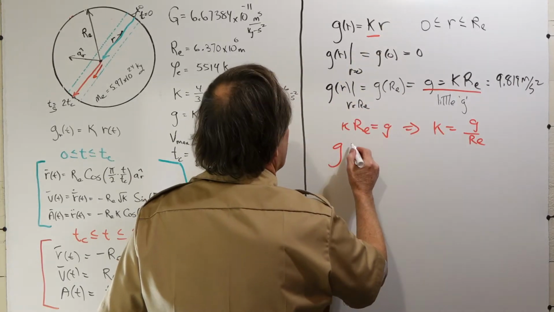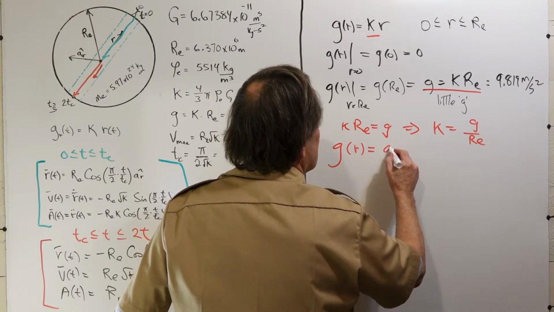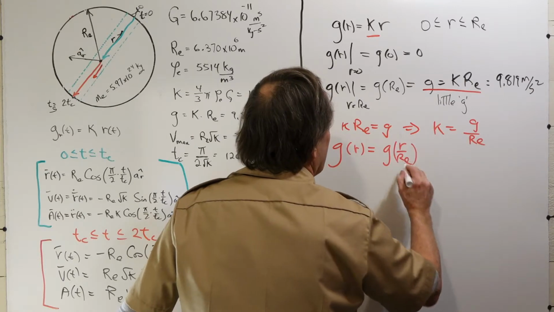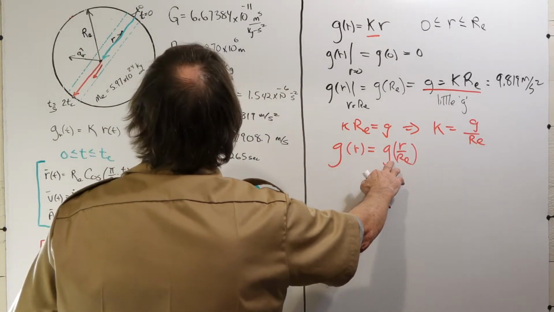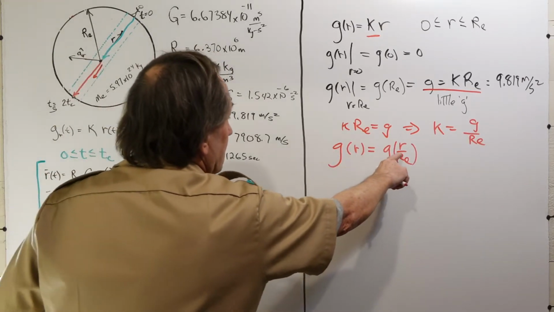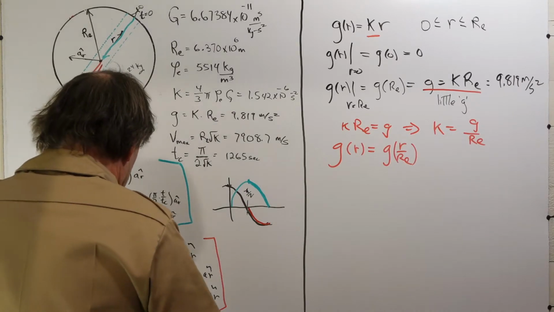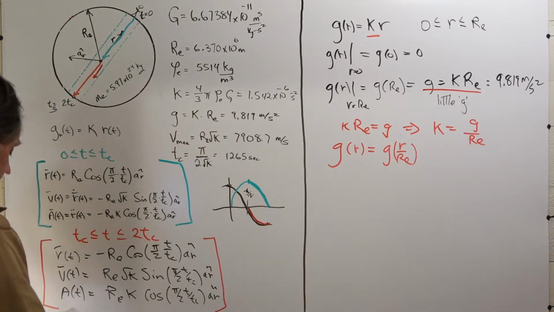So g of r is g r over r e. And this tells us that the gravitational acceleration varies linearly with r as we move outward from the center of the Earth.